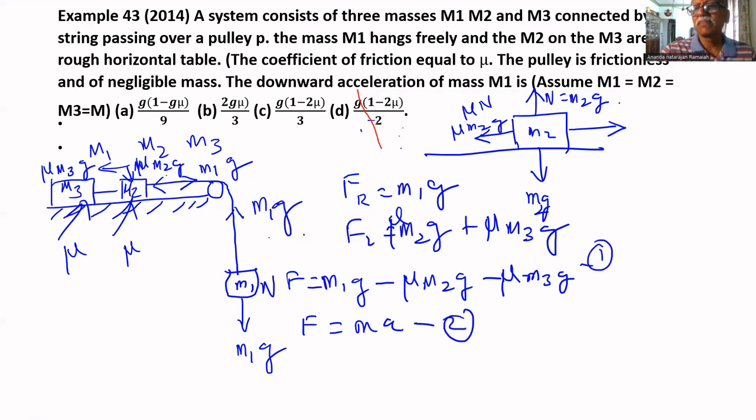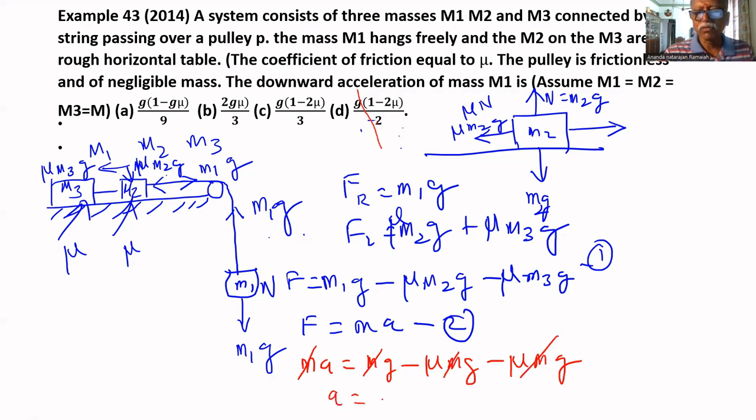And another relation is given. M1, M2, M3 equal to M. Therefore, MA equals, instead of M1, we can put M. Mg minus mu Mg minus mu Mg. All M get cancelled.